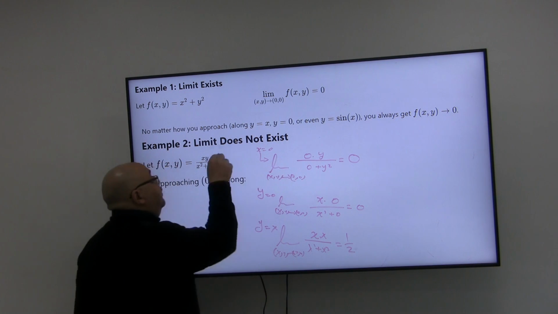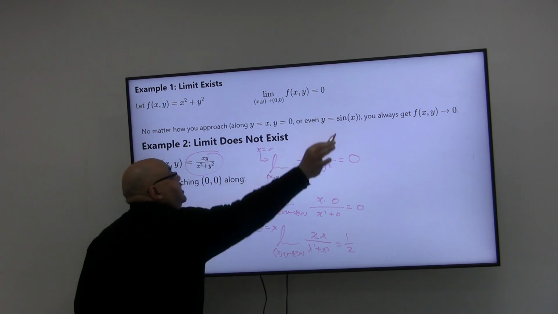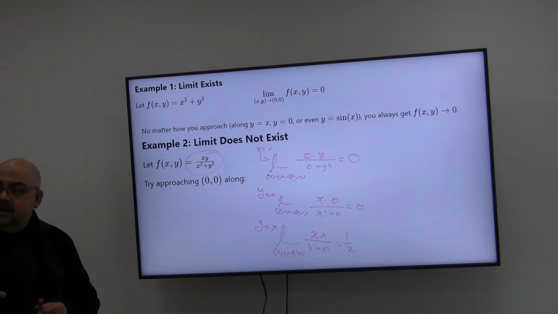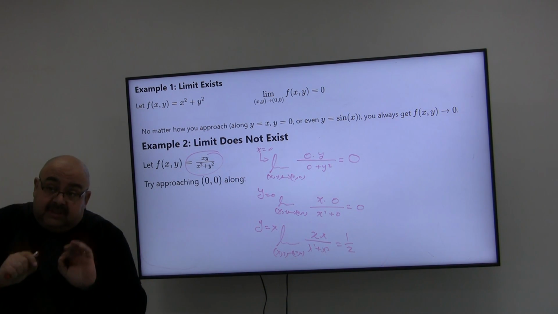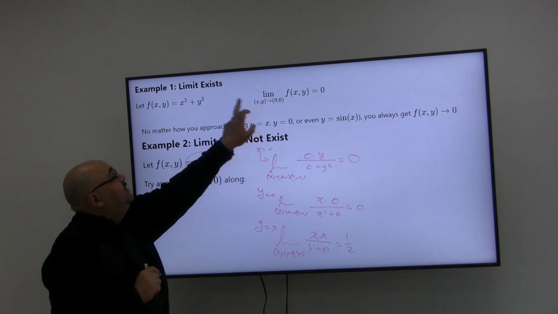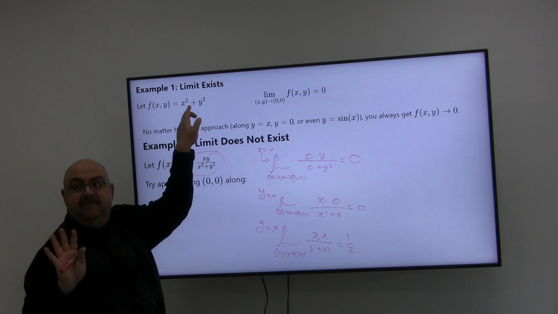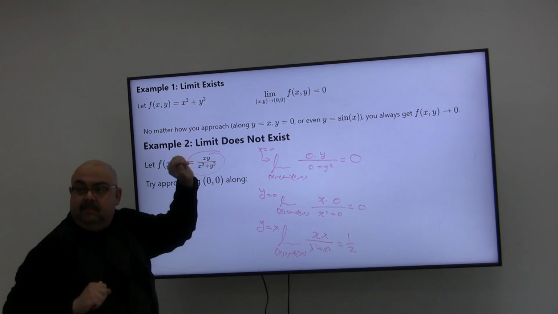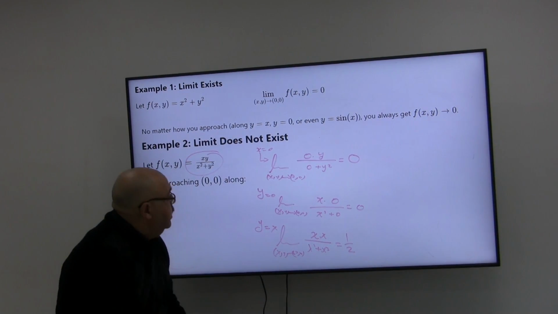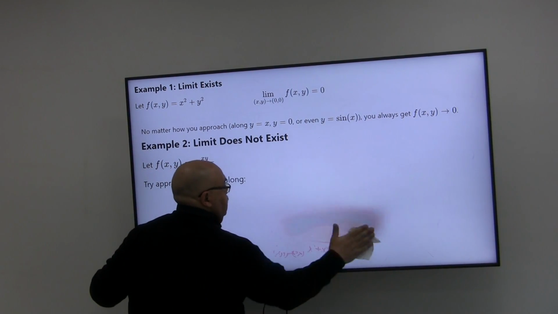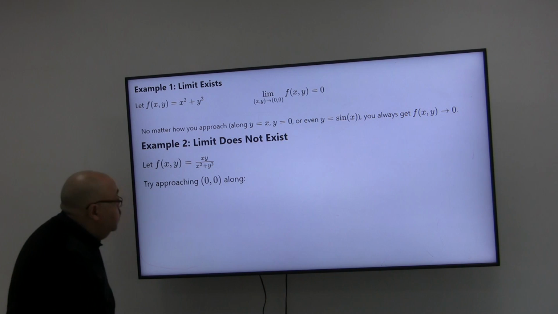So the limit of this function doesn't exist. Are you with me? Do you understand what I mean? For this limit to exist, it must be like the previous function: approaching using any path whatsoever, the result will be the same. Okay? The statement is written, you will see it right now.